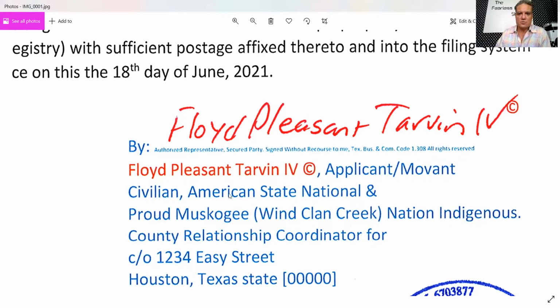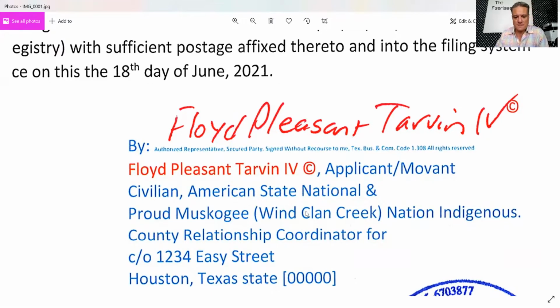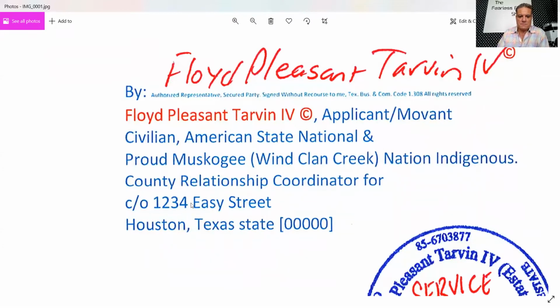So I retain dual citizenship in these United States of America. And I'm on 1234 Easy Street in Houston, Texas. And here's a zip code that you can use in lieu of your actual military jurisdictional zip code.